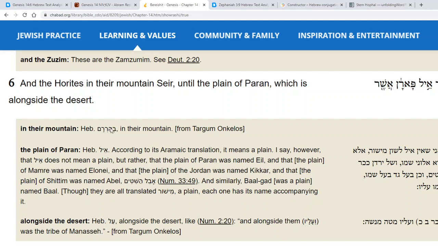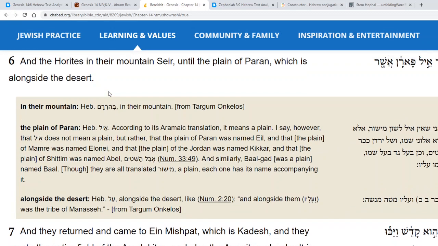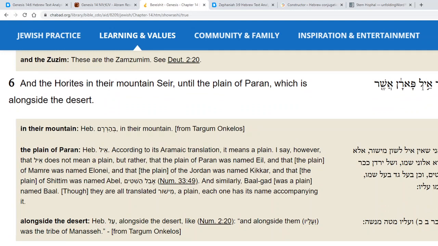So he says Haram, right, is a mountain, and apparently that's from the Targum in Onkelos. The plain of Paran, El Paran. So they're translating El Paran as the plain of Paran. I would have thought so. Let's see. Hebrew El, according to its Aramaic translation, it means a plain.